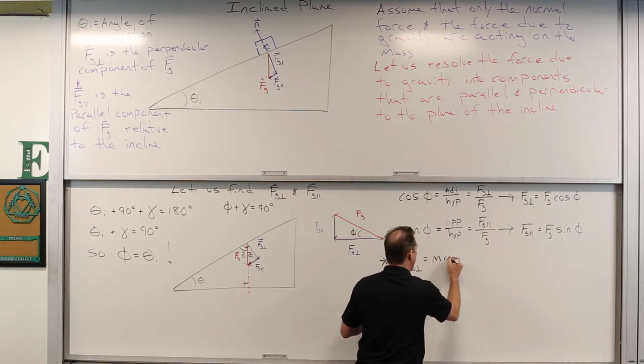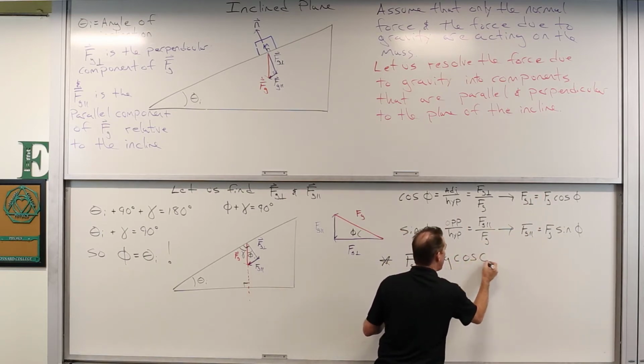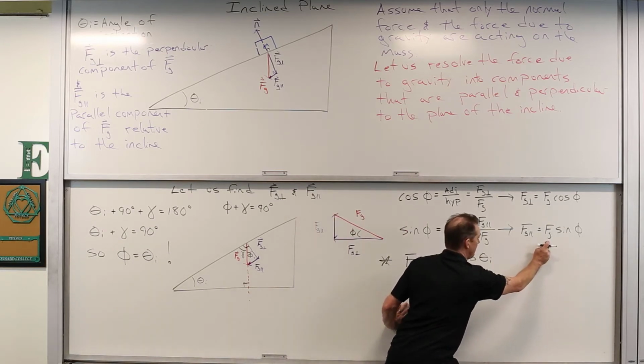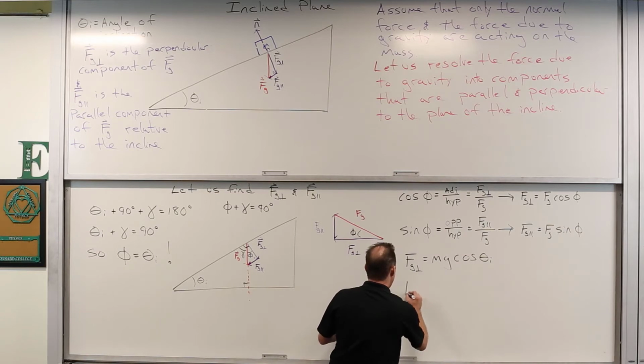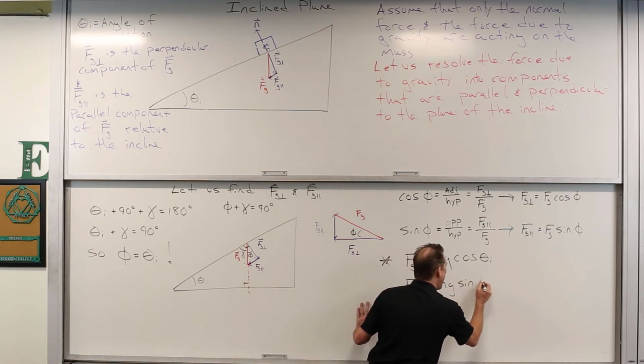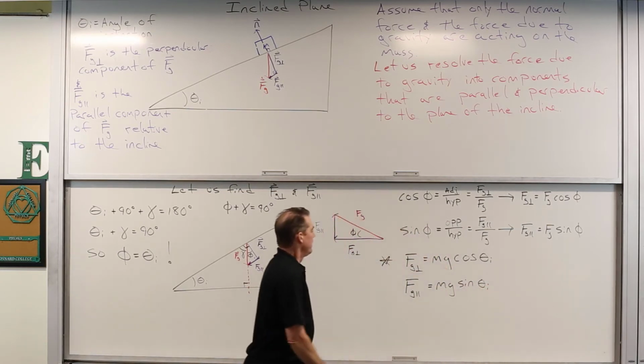So we'll just write this as mg times the cosine of theta sub I. And what else do we get? Well, this is just mg, and that's theta sub I as well. And we've got that Fg parallel is equal to mg times the sine of theta sub I.